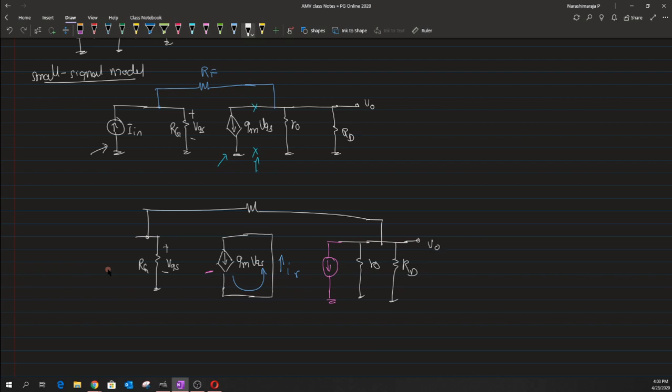Okay. Yeah. So now let us try to evaluate the output voltage V naught. Okay. And let me mark this current that we have as IT.